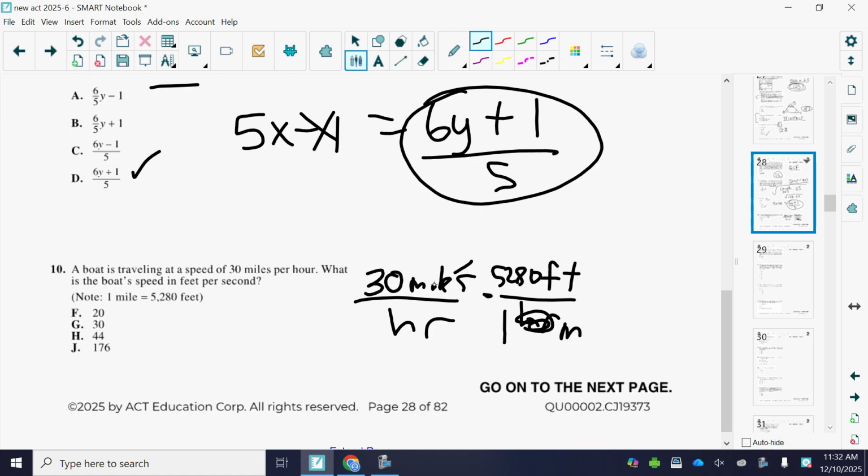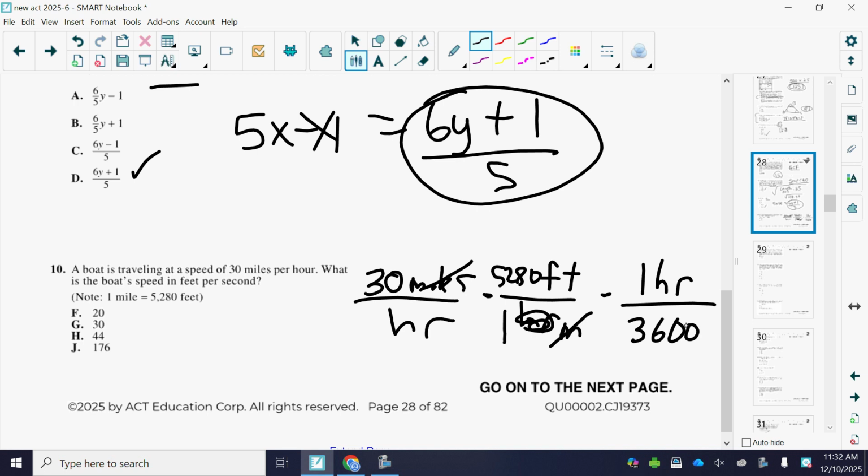I do that so the miles cancel. This is old unit cancellation from what's that class? Chemistry does it. They don't tell you how many seconds are in an hour, though. It's 3,600. So 1 hour has 60 times 60 seconds in an hour.